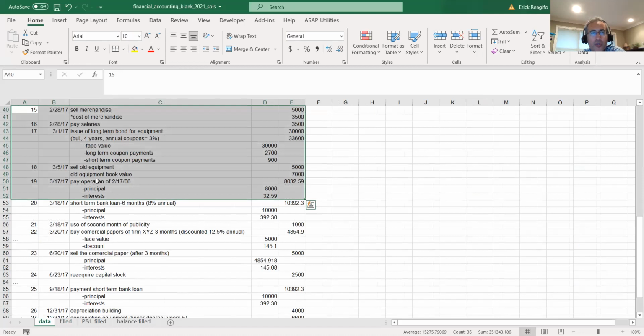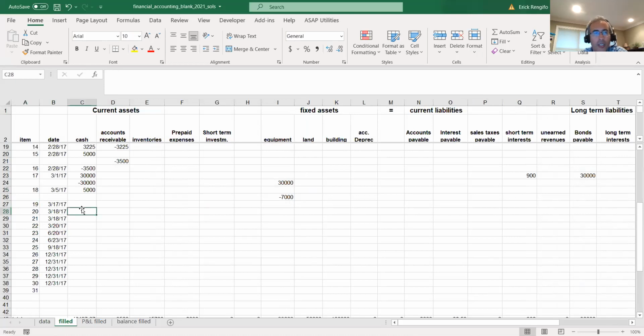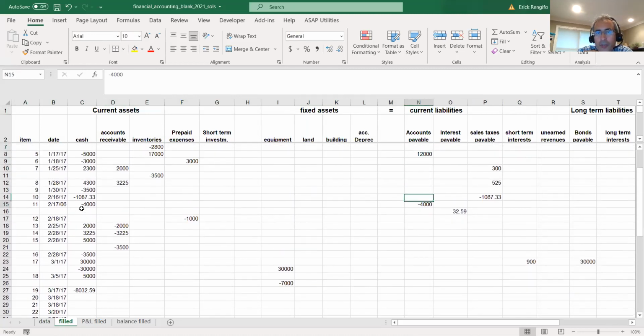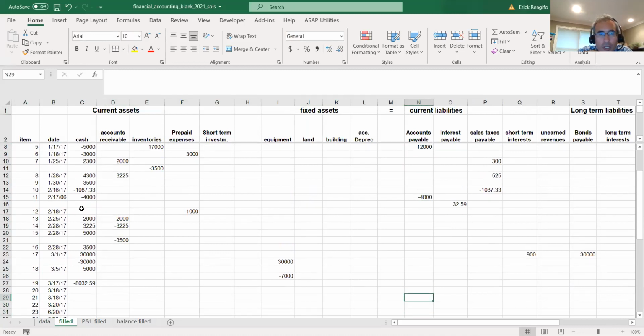We pay the transaction, the 8,000 plus the $32. So I will pay 8,032.59, and this is going to disappear 2 pieces of the equation. I have accounts payable, remember? I had 8,000 here, so I will make this 8,000 disappear, and I will make the 32.59 disappear from here.